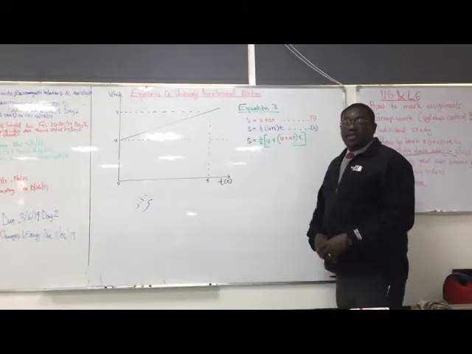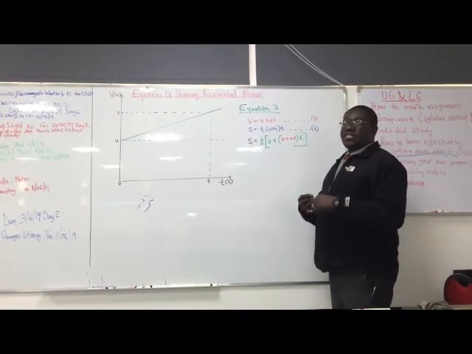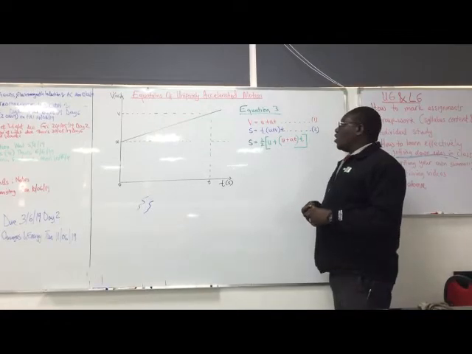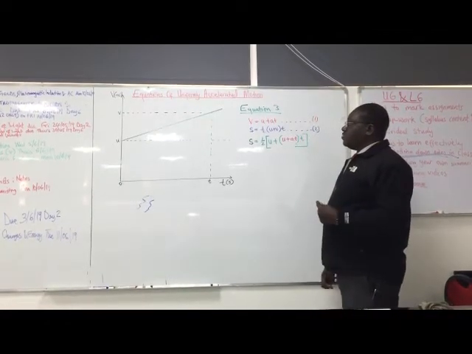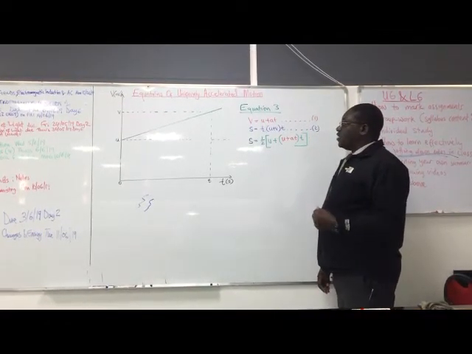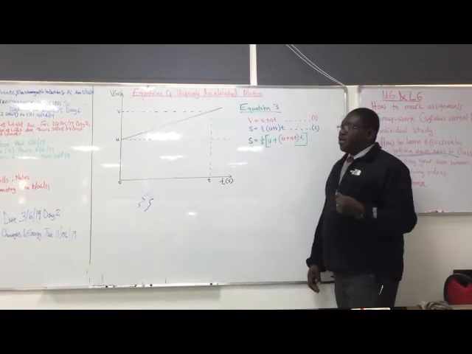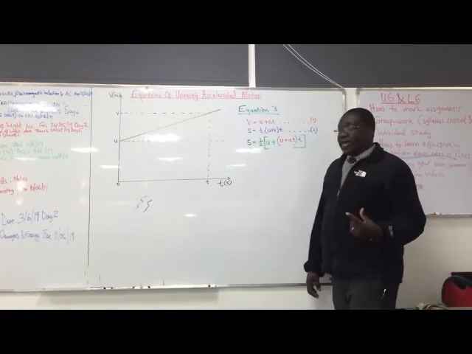Now equation number 3 combines equations number 1 and 2. Remember from the first equation, v is equal to u plus at. The second one is s is equal to half bracket u plus v multiplied by the time.